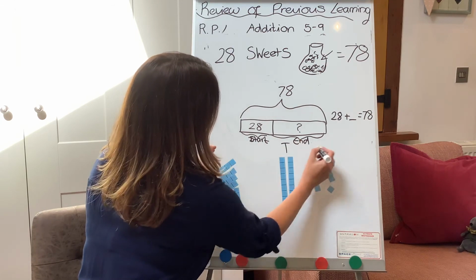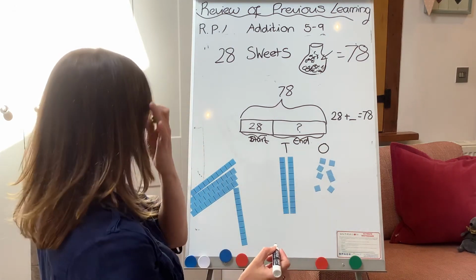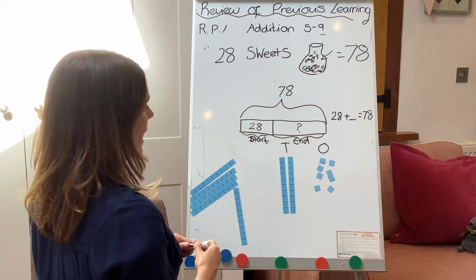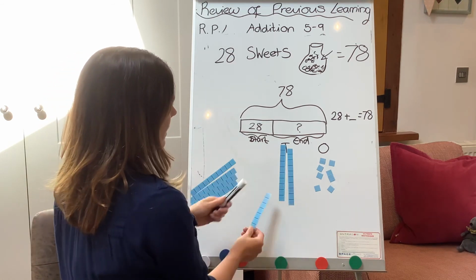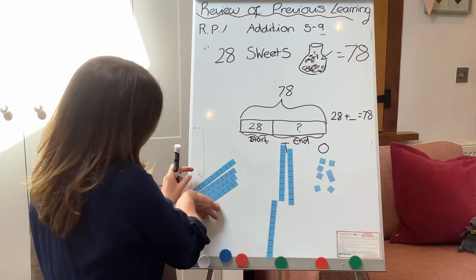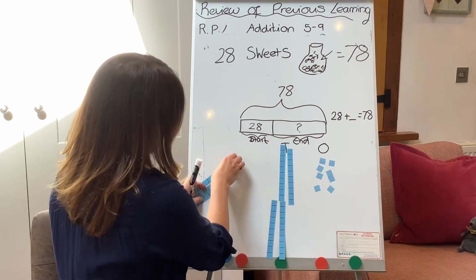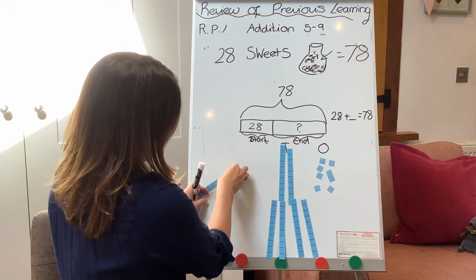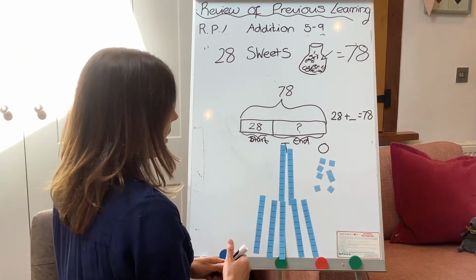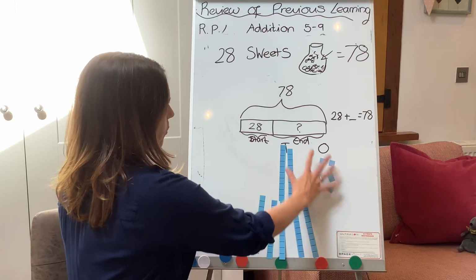So I've got 2 10s and 8 1s, and I can count on 10s and see how many 10s I add on to get to 7 10s. So I've got 3 now, 4, 5, 6, 7. Now I've got 7 10s and 8 1s.